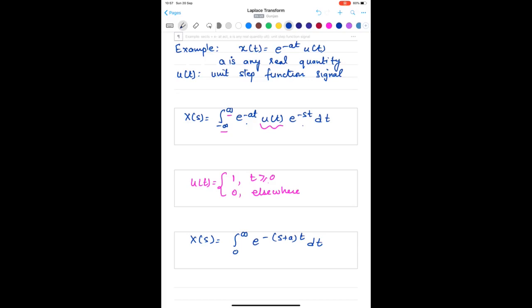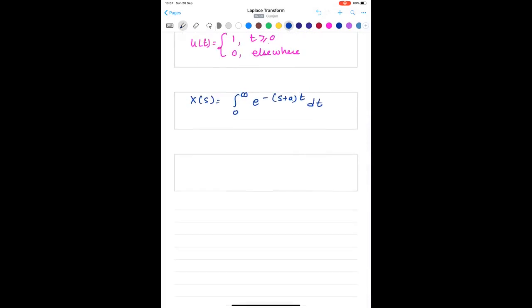Now it's very easy for you to find the integration of it, but because we are now doing Laplace transform, we have to take care of the region of convergence also. Now when you do the integration of this, x of s will be equals to e raised to the power minus s plus a t, divided by minus s plus a, from 0 to infinite.